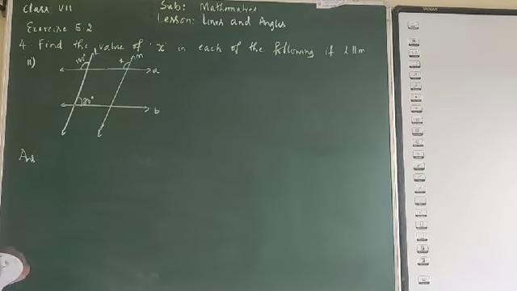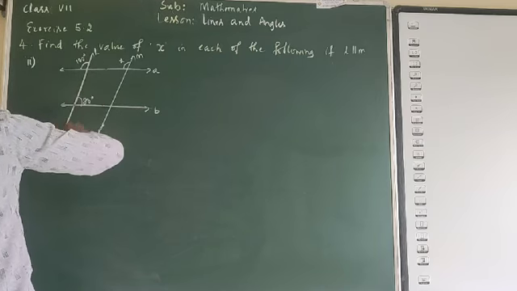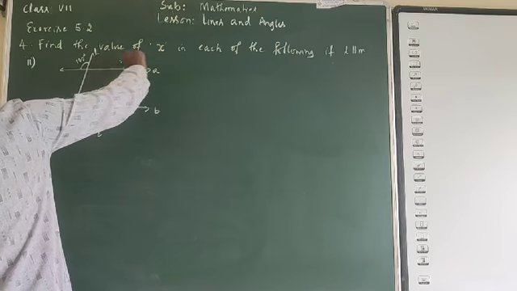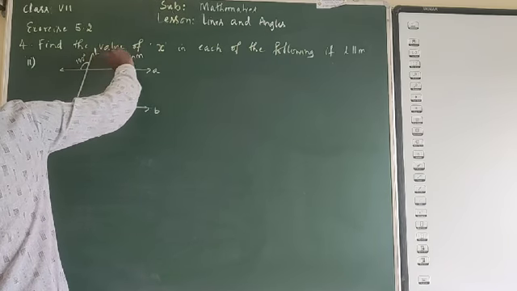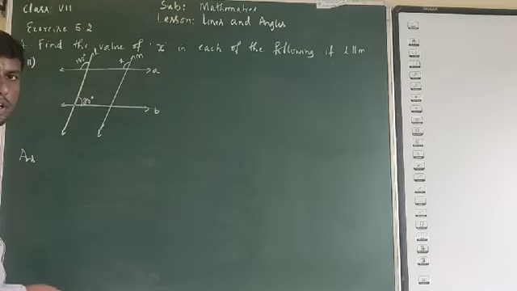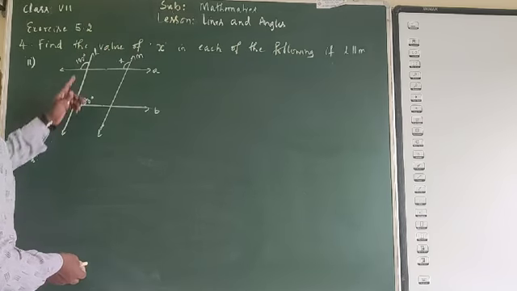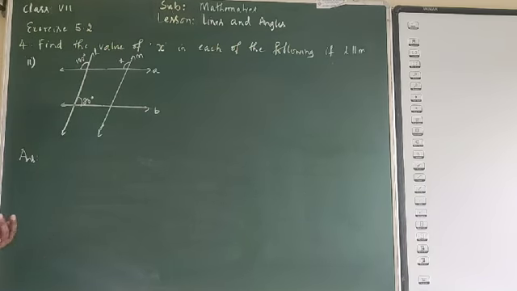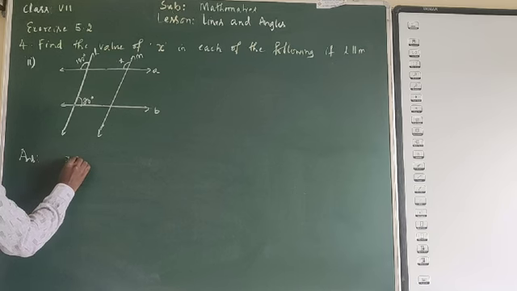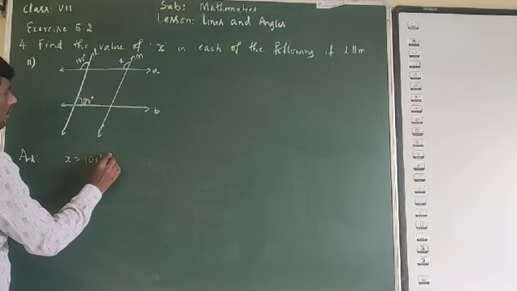Now tell me which is corresponding angles. So if you look like this, these two are the parallel lines, and this is the transversal line. So 100 and x are the corresponding angles. Therefore, 100 and x must be equal, right? So therefore, we can write directly, x is equal to 100. Okay.